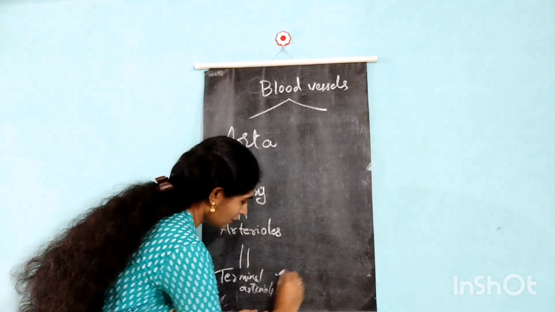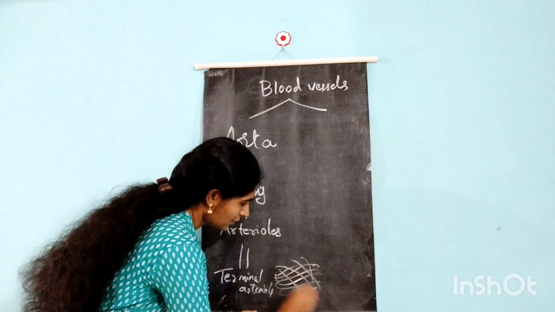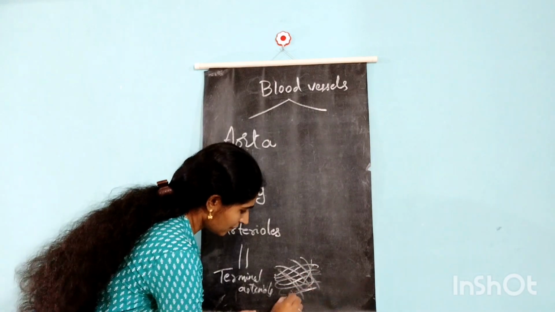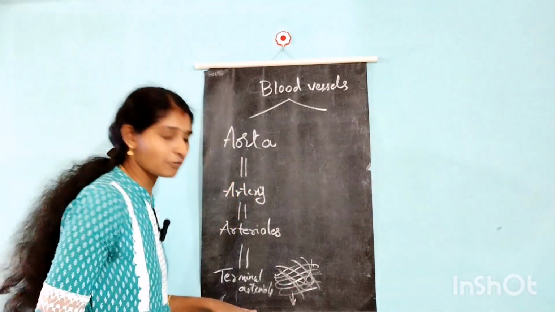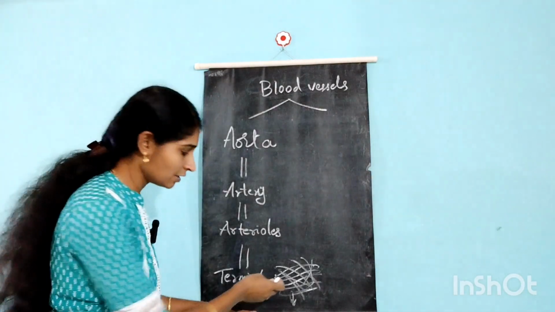From terminal arterioles, the capillaries are formed. Through these capillaries, the exchange takes place. Exchange of oxygen, carbon dioxide, waste products, nutrients, everything takes place.